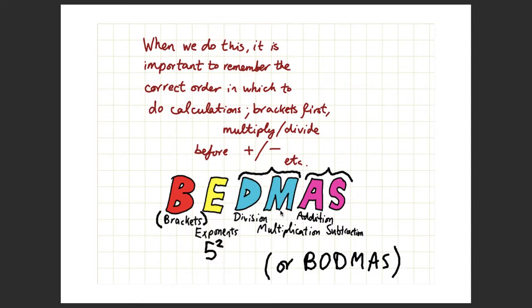They're equally important as one another. So if you see a calculation with lots of division and multiplication, you just do them in the order they come from left to right. And then the same applies to addition and subtraction. So I've color-coded this by having the pairs that are of equal importance colored with the same color. So pause the screen as you need to in order to write that down.